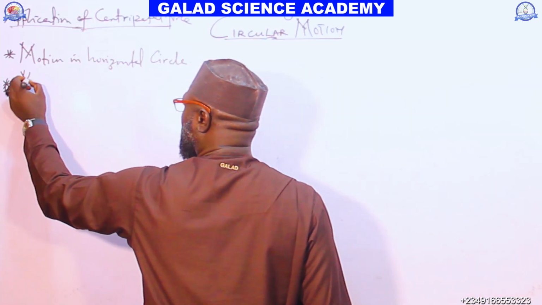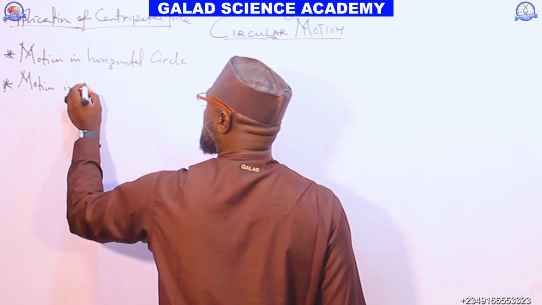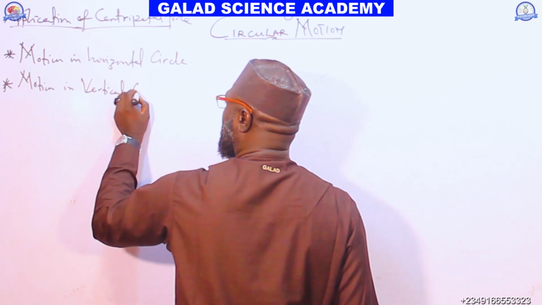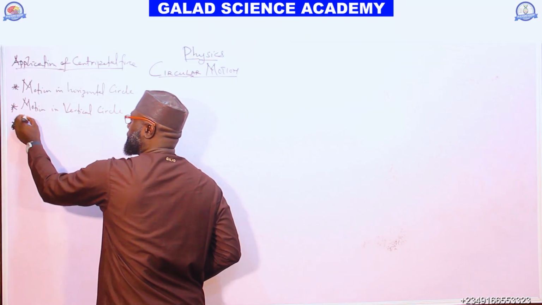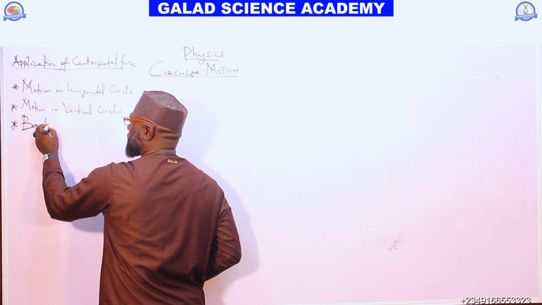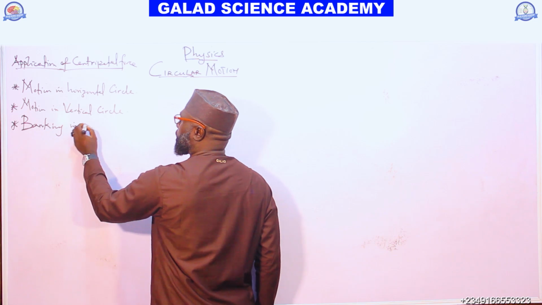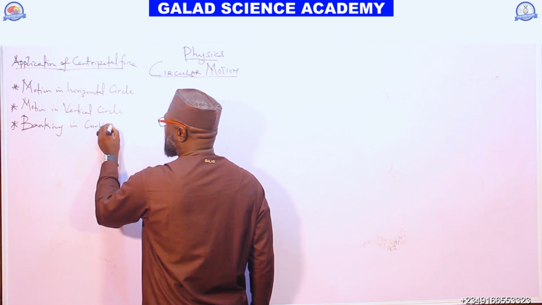We also have motion in a vertical circle, and banking in curved roads.